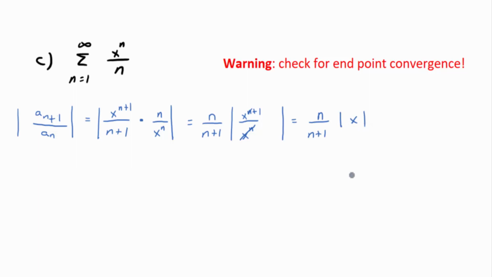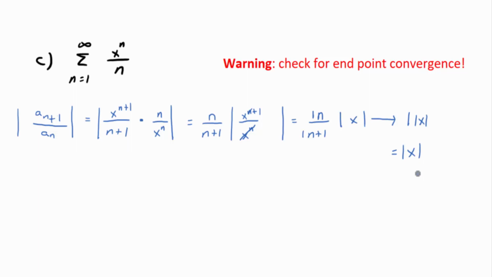If you take the limit with respect to n, it's always with respect to n, and think of x as a constant for now. What does this converge to? It converges to the ratio of the lead coefficients because it's a rational function, times the absolute value of x. So 1 times the absolute value of x, or just the absolute value of x.